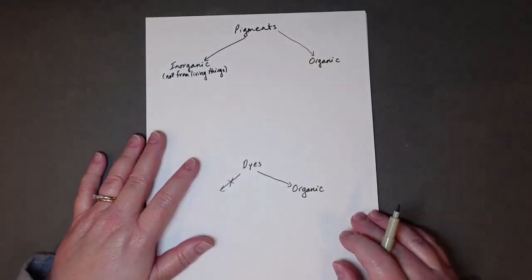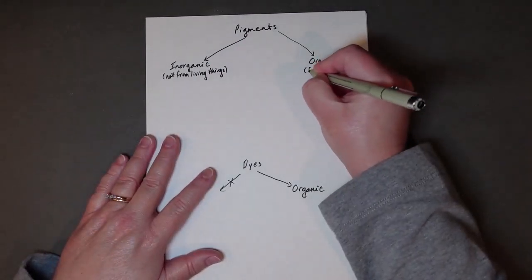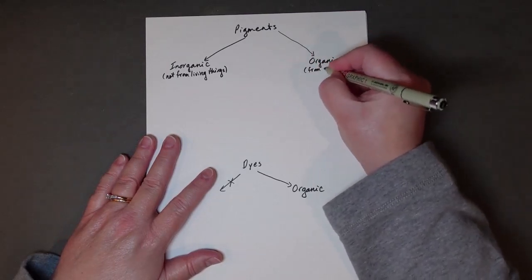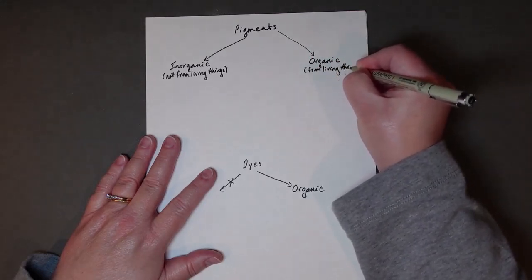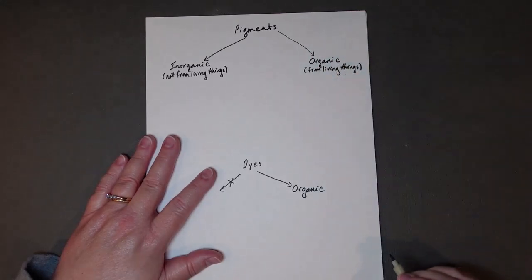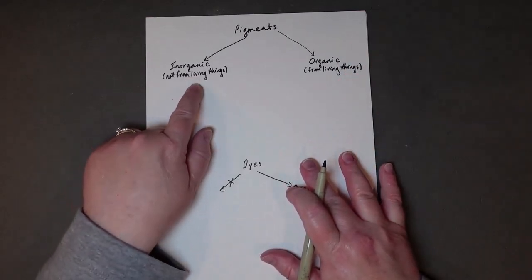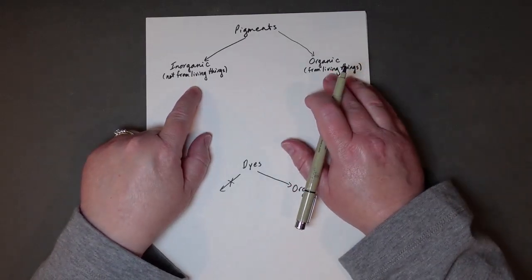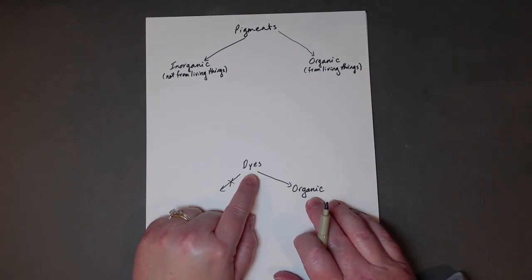That's roughly what we mean by inorganic. Originally, organic meant from living things, although not always nowadays. So we can get pigments from inorganic sources or from organic sources, and we can get dyes only from organic sources.